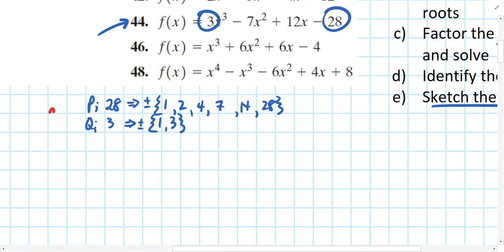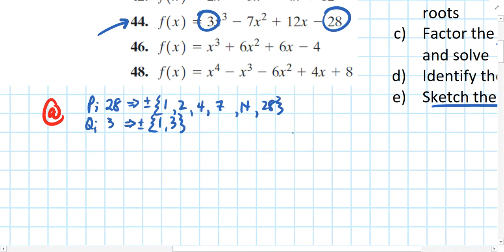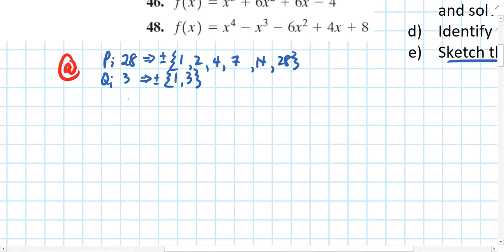And this set of solutions right here would satisfy question A. Oops, no, I'm sorry, I take that back. I'm getting ahead of myself here. This produces our factors of P and factors of Q, but in order to answer part A, we need to take the factors of P and divide them by factors of Q. So this list is going to be a bit larger.